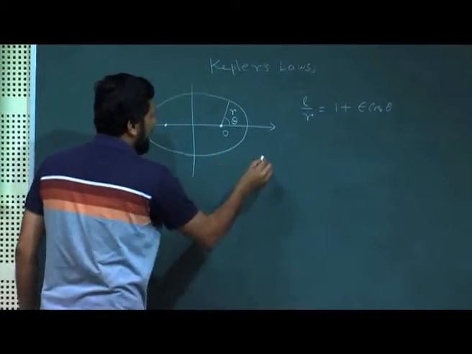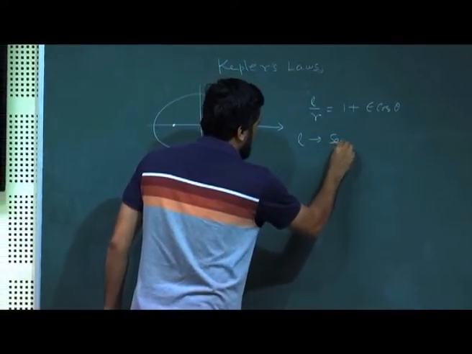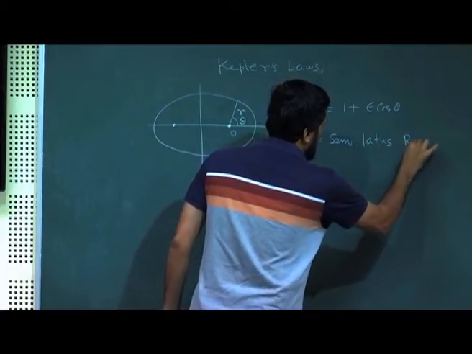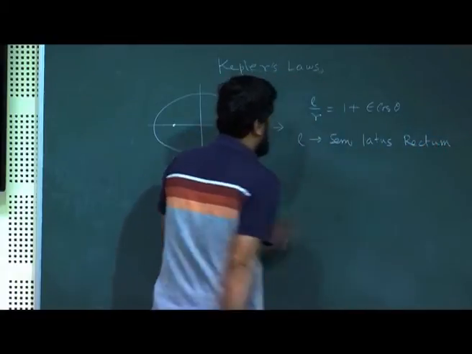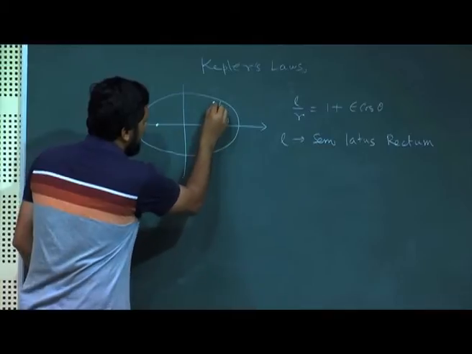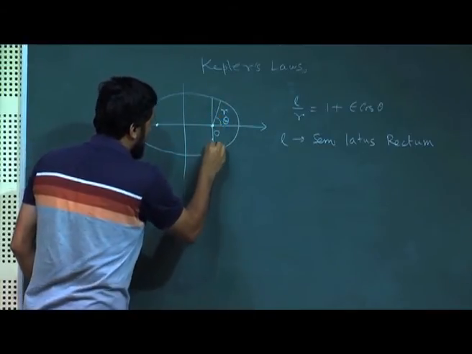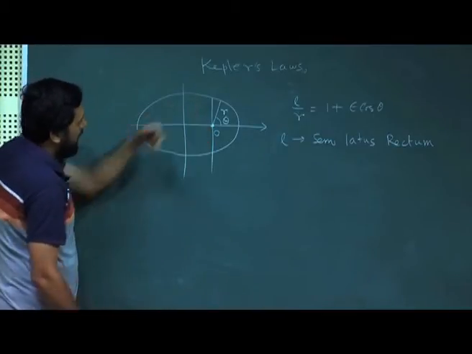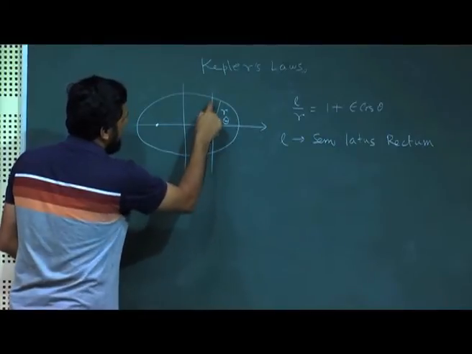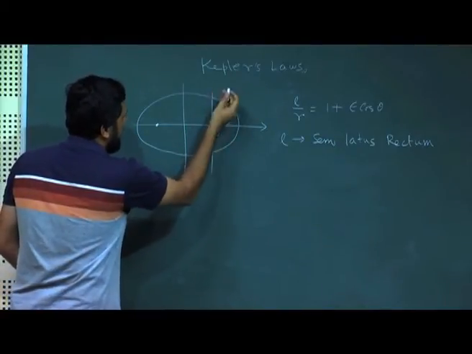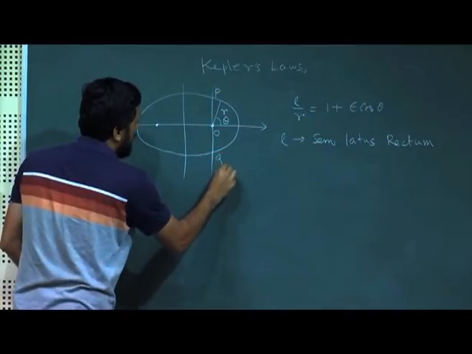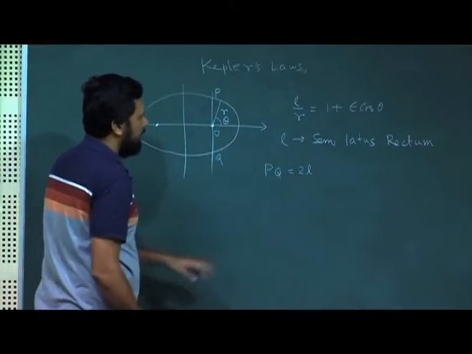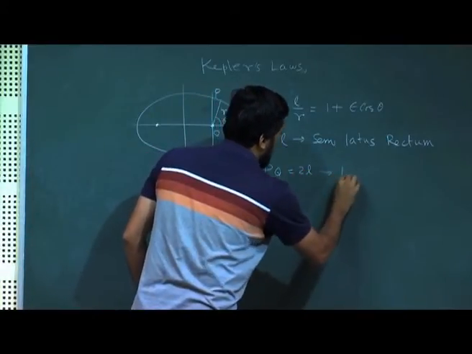What is L? L is called the semi latus rectum, and it is the perpendicular that could be drawn through the focus, and it will cut the ellipse at two points, let us say position P and Q. So the length PQ is equal to twice L. It is called the latus rectum.